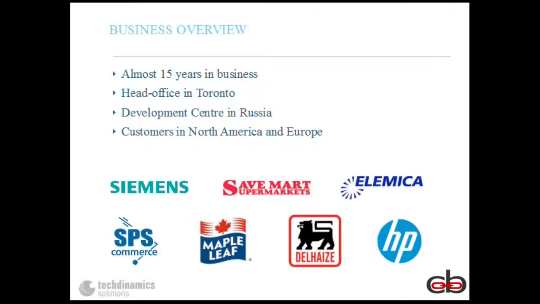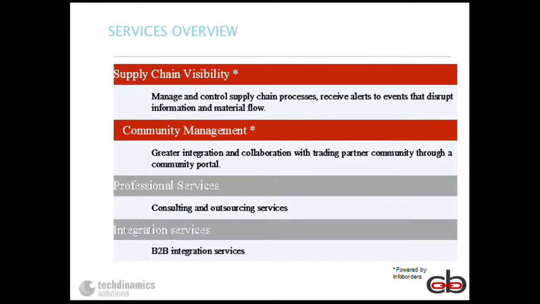We have a number of different customers of different sizes. Some of them are well-known names like Siemens, Maple Leaf, and Hewlett-Packard. We also deal with smaller and medium-sized customers who look for different B2B services. Our services are broken down into four areas.